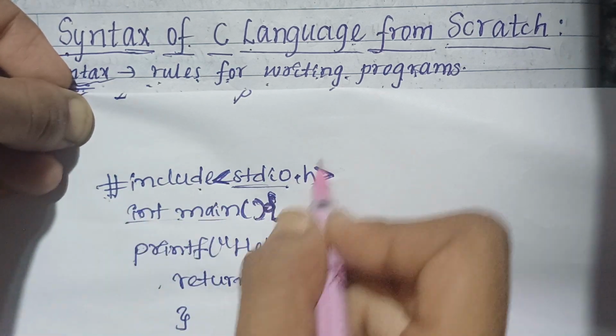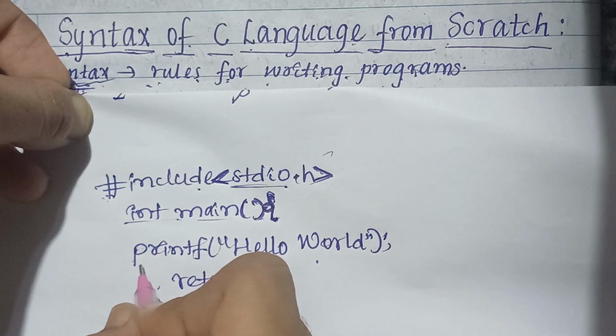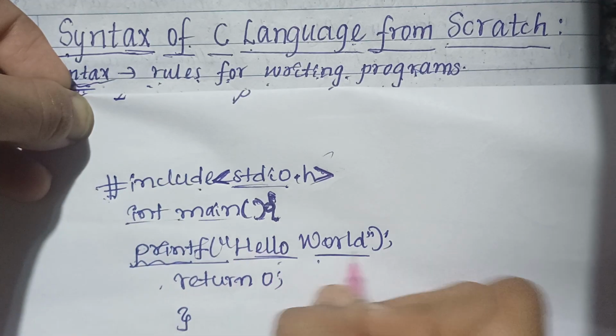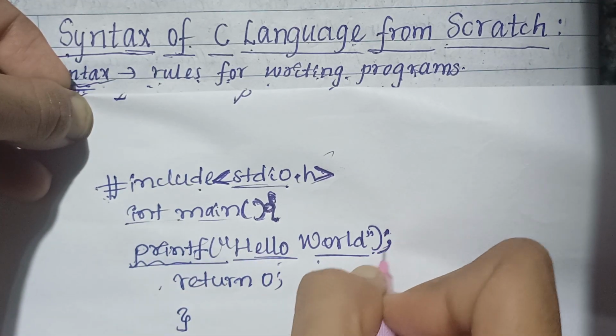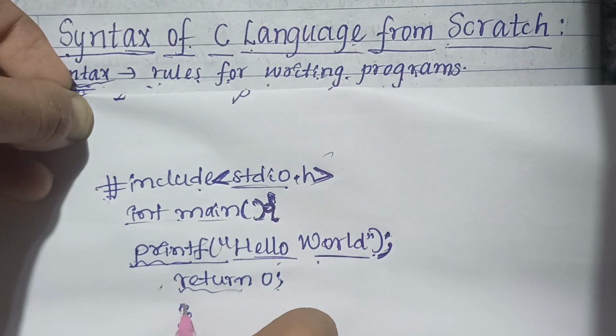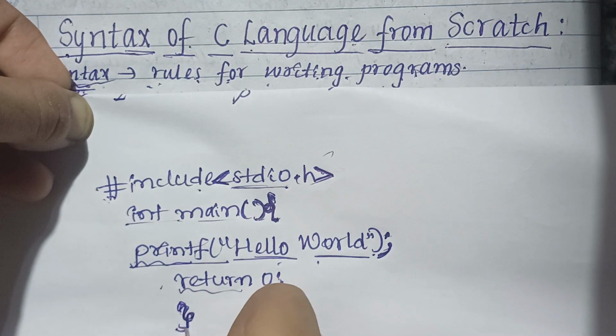For now, this is a sample program. I have to print hello world, so I'm using printf hello world, and I'm terminating it with a semicolon. And this is your return 0, and here you are ending the curly brace.